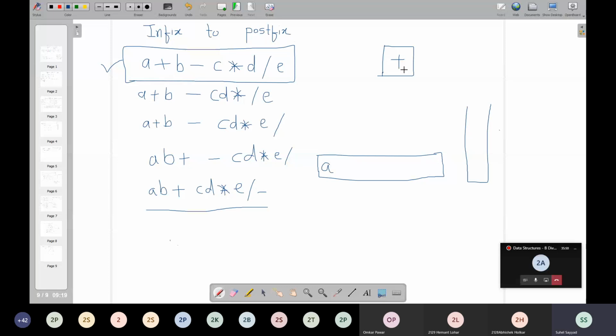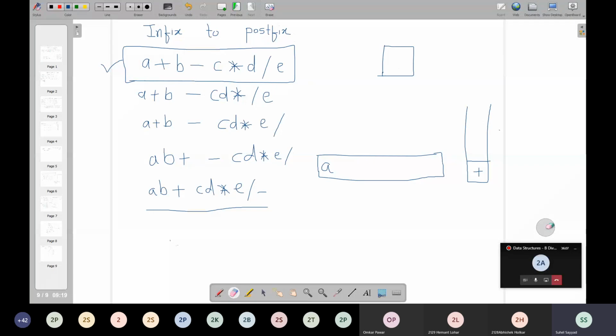So plus is having more precedence. Whenever the scanned operator has more precedence than the operator on top of stack, we push the scanned operator onto the stack. So plus will go on your stack.